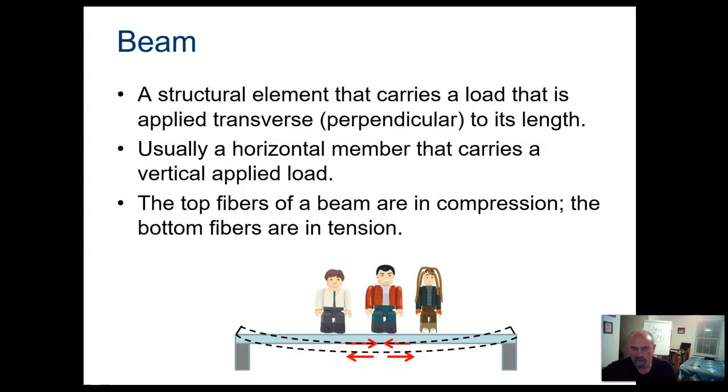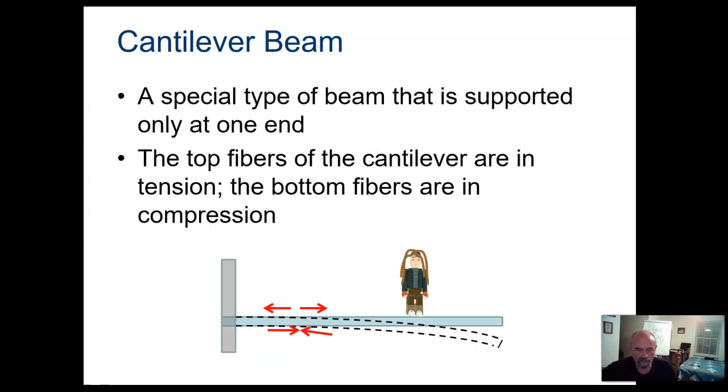For example, joists, girders, and elevated slabs act as beams. A cantilever beam is a special type of beam that is supported only at one end. The top fibers of the cantilever are in tension and the bottom fibers are in compression.